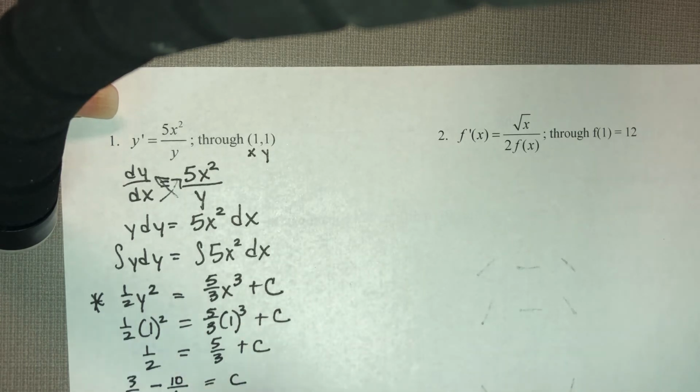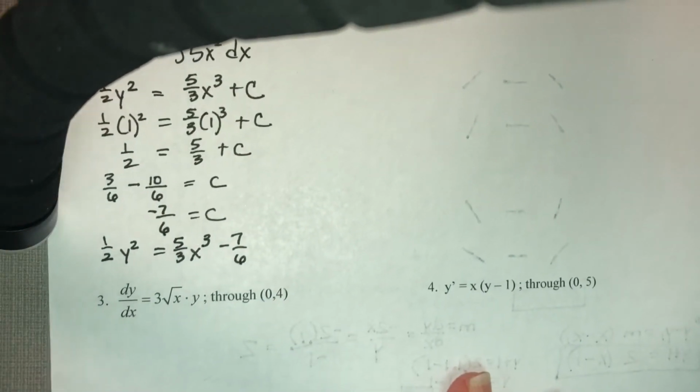So I'm going to go back to the equation. 1/2 y squared equals 5/3 x cubed minus 7/6. These problems on the back don't say specifically to write y as a function of x.